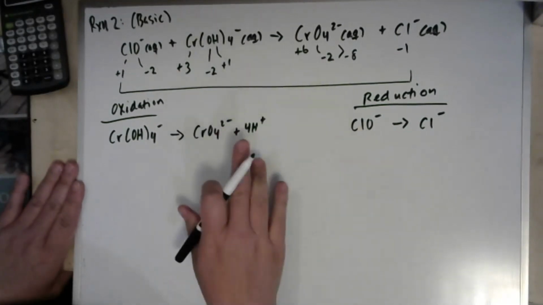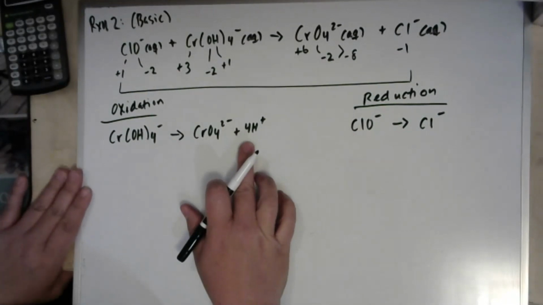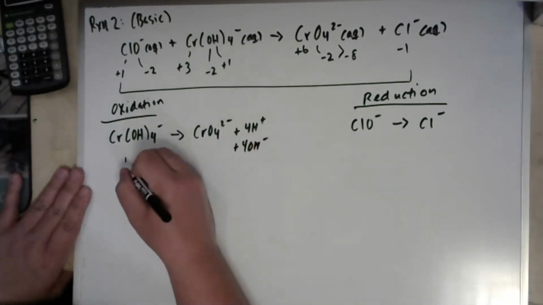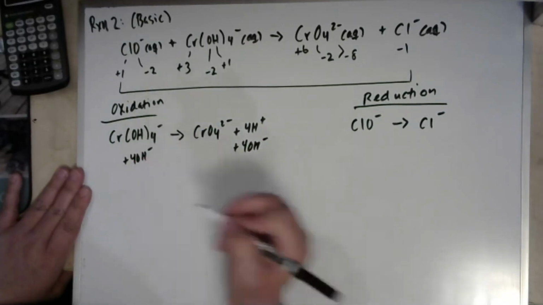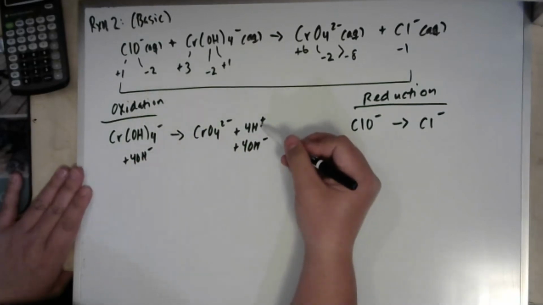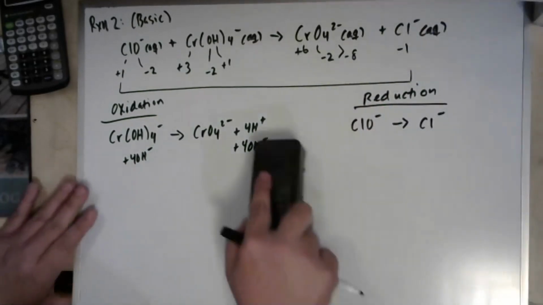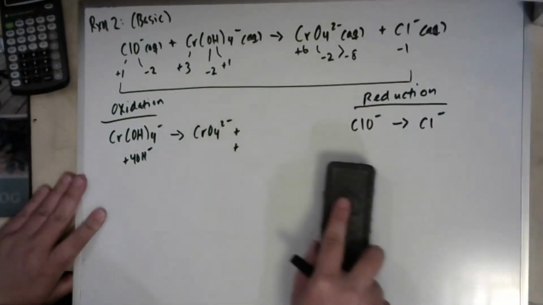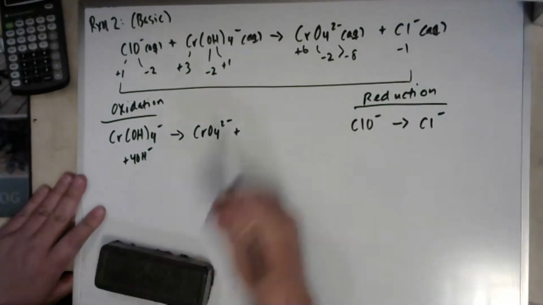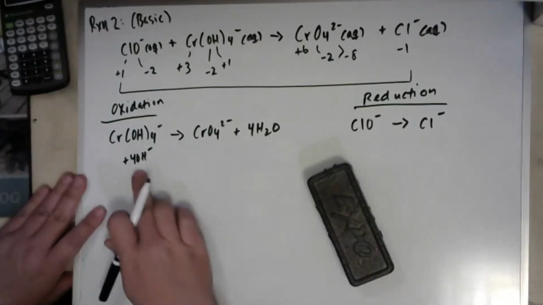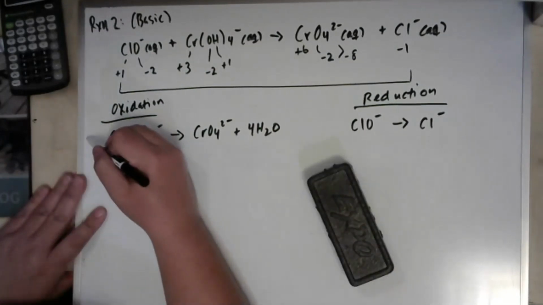Okay, now to get rid of these hydrogens, because I'm in a basic solution, I'm adding 4 hydroxides to each side. My 4 hydrogens plus my 4 hydroxides are going to combine and form 4 waters. Okay, and my 4 hydroxides that I added over here are just going to stay over here.